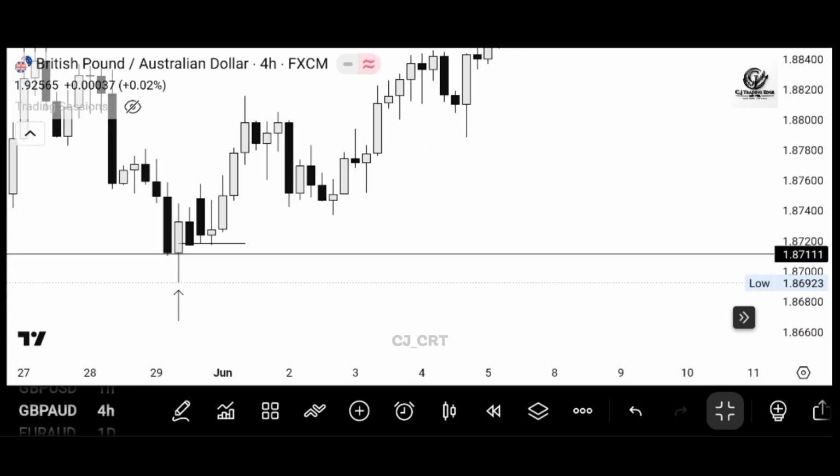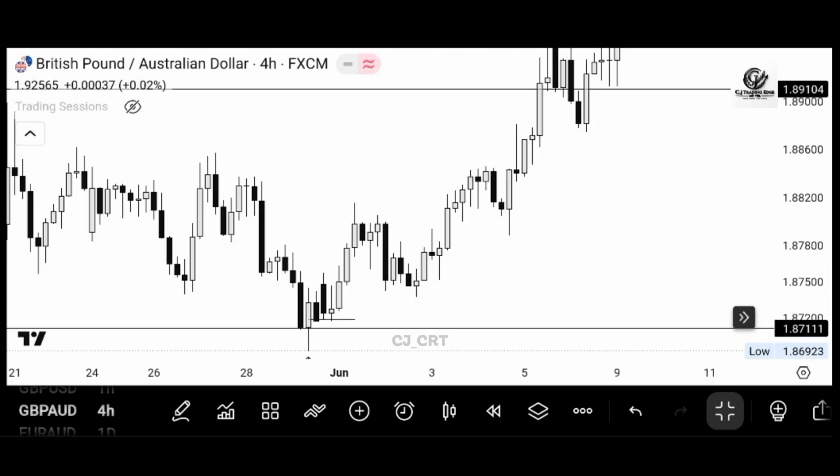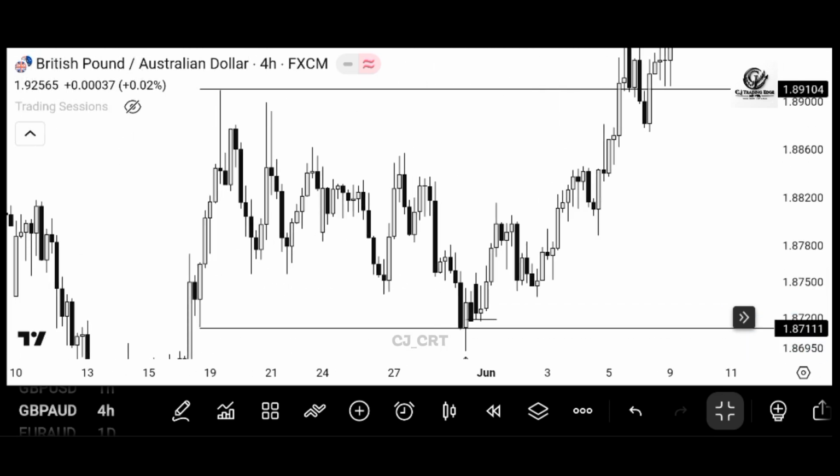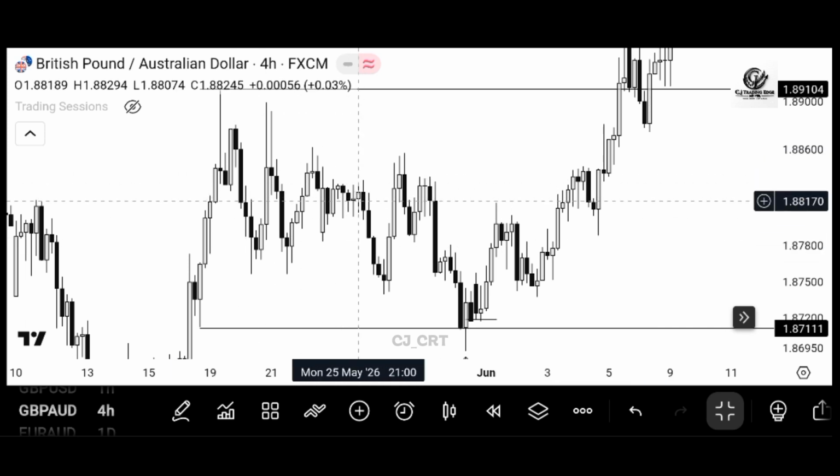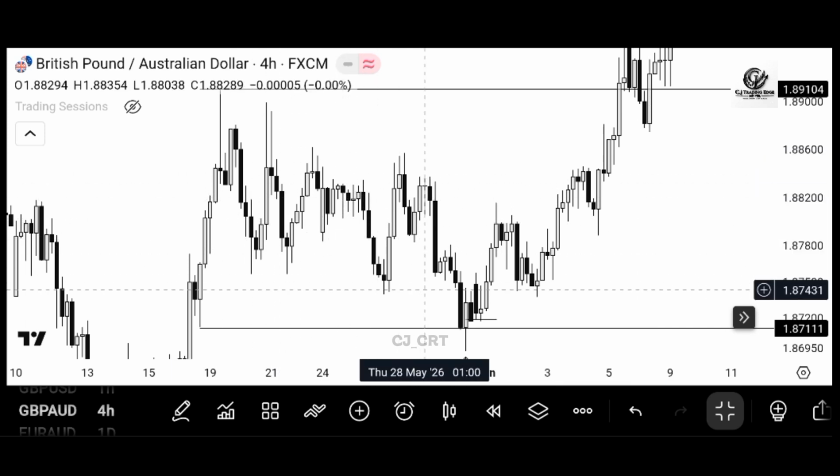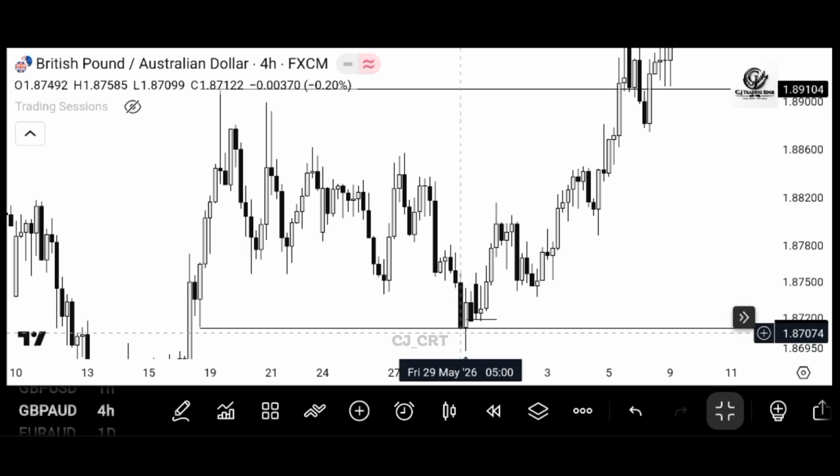So, as you can see, the market was ranging, took out the daily low, daily candle low.